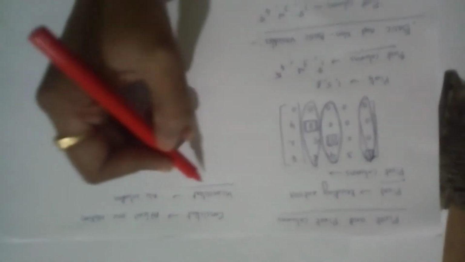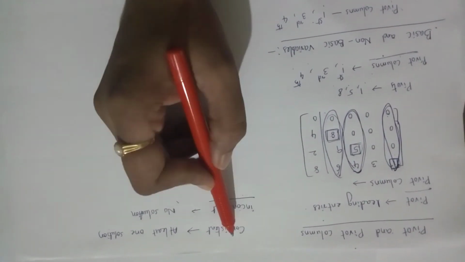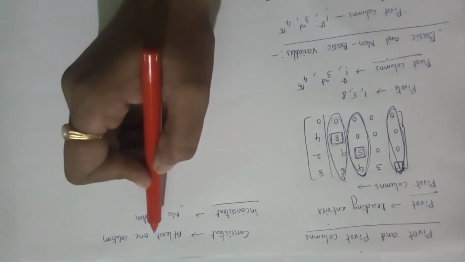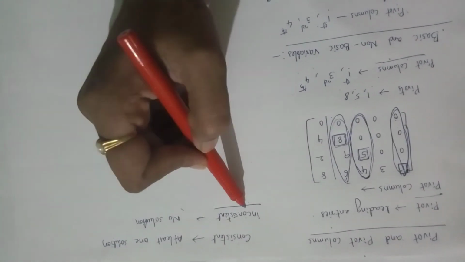When the system has at least one solution, that is called consistent. And a system that has no solution is called an inconsistent system.